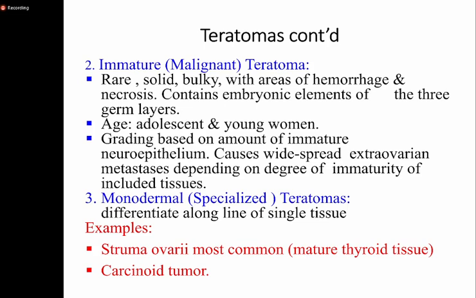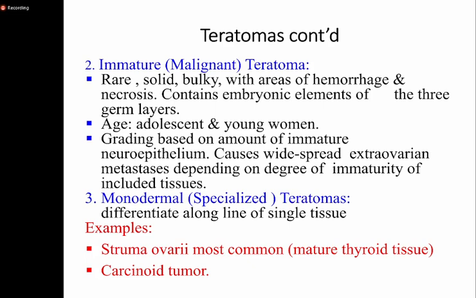And the way we grade immature or malignant teratomas is based on the immaturity, on the amount of immature neuroepithelium. So if you have neurotissue that is immature, then that's what we use to grade this tumor. They cause widespread extra-ovarian metastases, and the biological behavior is dependent on the immaturity of the tissues that are included in the tumor.